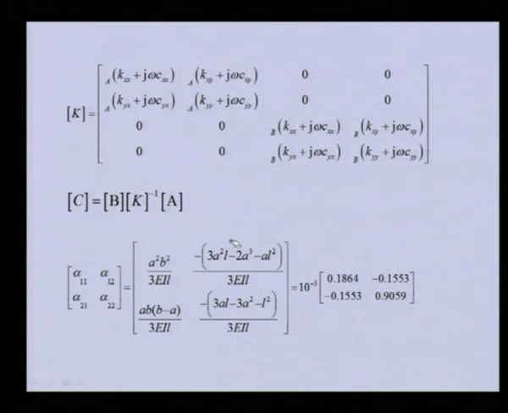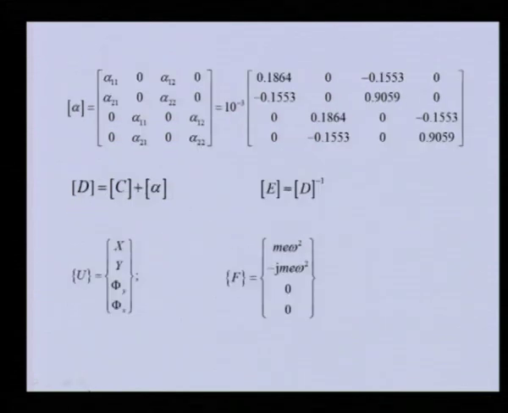For given values of these parameters it can be written like this. Now, the D matrix is C plus alpha. So, various numerical values of these matrices we already obtained to get subsequent matrices. The D matrix, and the E matrix which is the inverse of this, can be calculated.